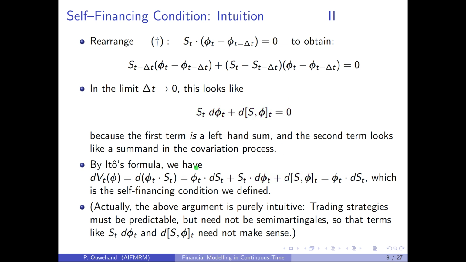In other words, we just obtain the first term, and that's the self-financing condition we've defined. I have to stress here that this argument is purely intuitive. Trading strategies must be predictable, but need not be semimartingales, and terms like S t d phi t and d square brackets S phi need not make sense.